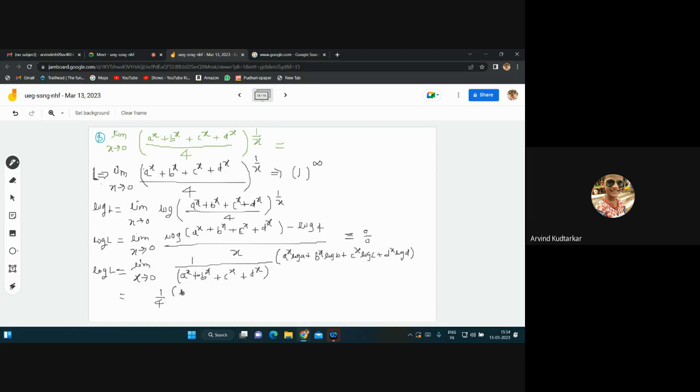लॉग ऑफ ए प्लस log of b plus log of c plus log of d। इसका मीनिंग क्या है रे?